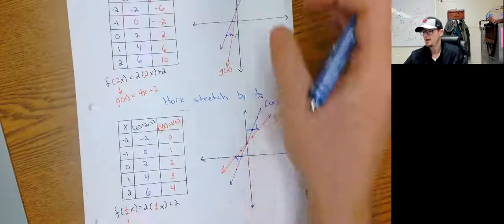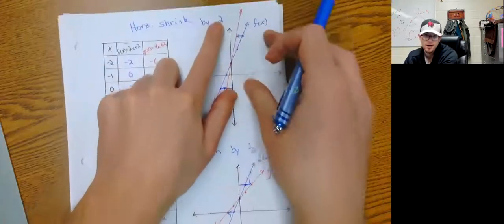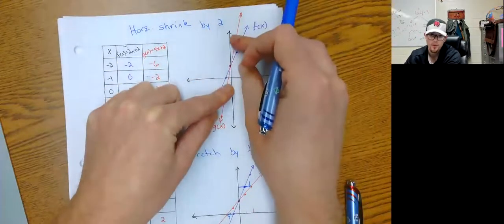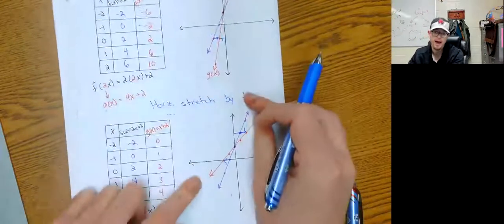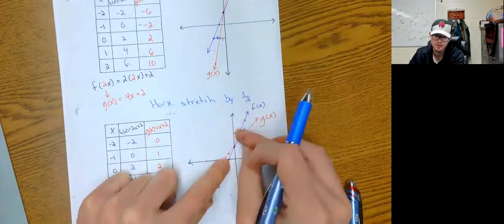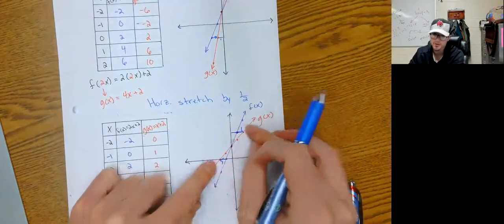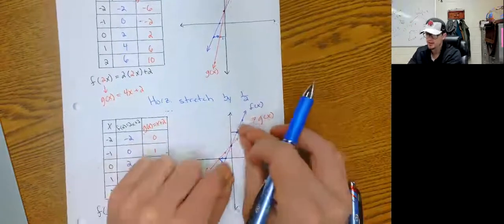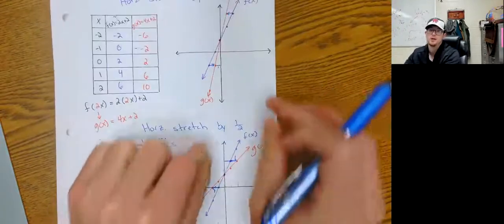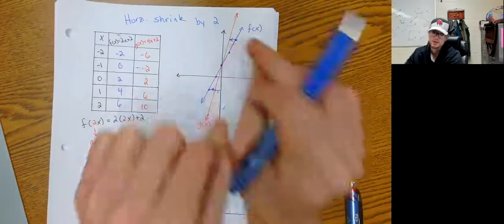So these ones kind of work backwards. If you're multiplying by 2 up here, you're actually cutting the distance in half. And here you're multiplying by half, but you're actually doubling the distance. So if you multiply by 1/3, you triple the distance. So you're stretching it away from the y-axis, and here you are compressing it towards the y-axis.